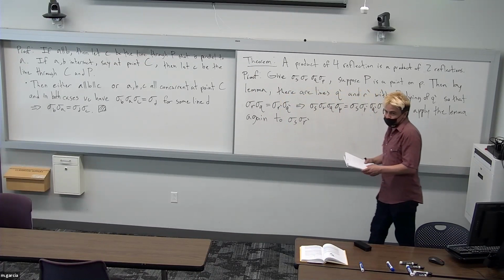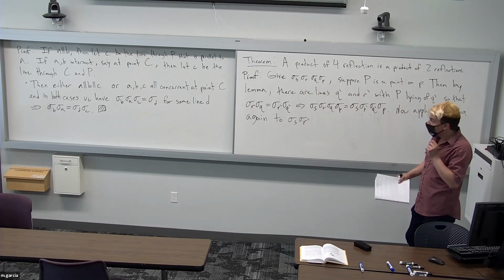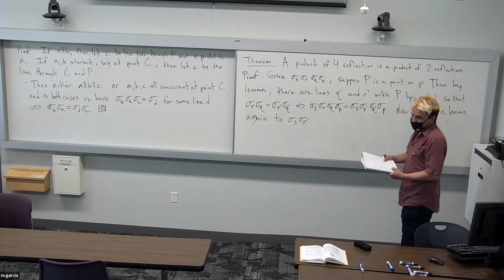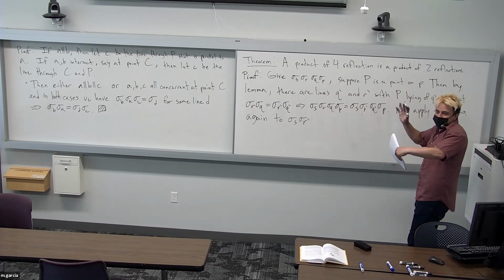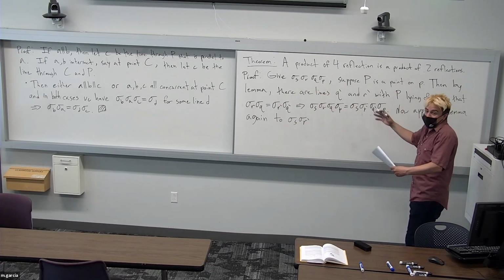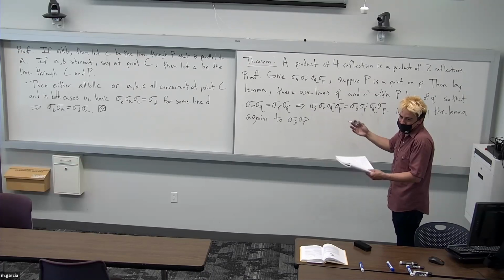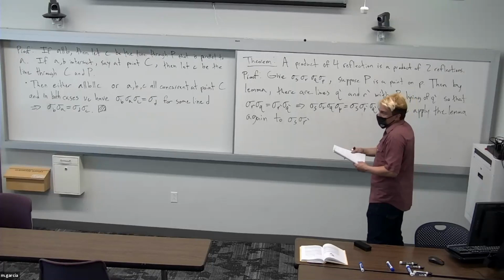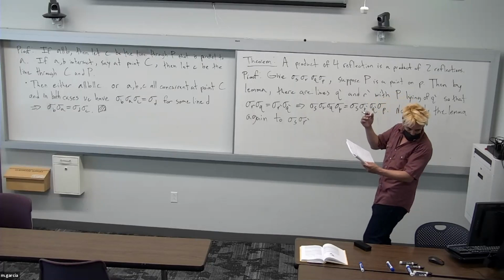And then P will lie on all except for the last one. We're going to construct it so that in the center, 3 reflections all have lines that intersect at the same point. They're all concurrent.